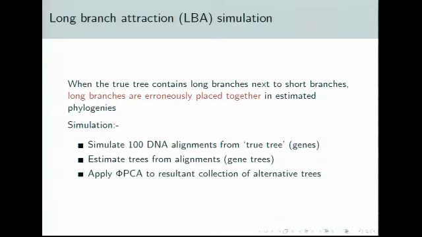The final example then is to do with long branch attraction. What I did was I took a tree with some very long branches on, and I simulated some alignments. Long branch attraction is an artifact whereby long branches in a phylogeny tend to be attracted together, sucked together, and be placed close together in estimated trees.